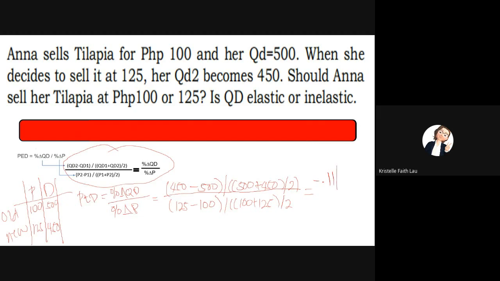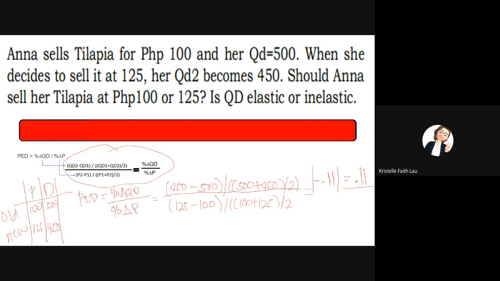So, let's use the absolute value to get the positive outcome. So, 0.11, divided by the percentage change in our price. So, let's compute our percentage change in price.